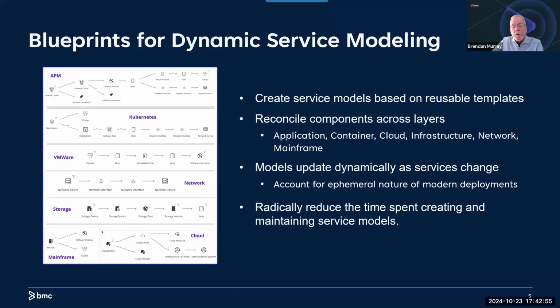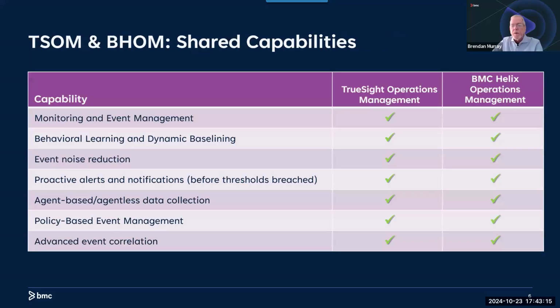And so your models will update dynamically as new servers are spun up, new network devices, new applications. As long as they fit the criteria of the blueprint, they will automatically be added to the service model without any human intervention required. So huge improvement over the way service modeling is done, making it much more scalable and practical.